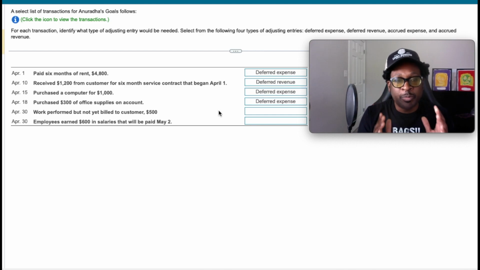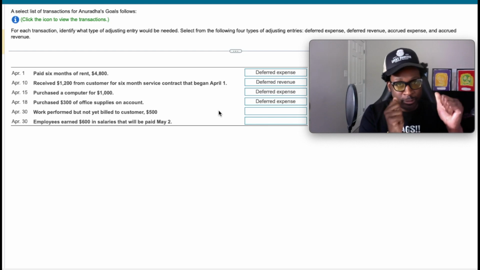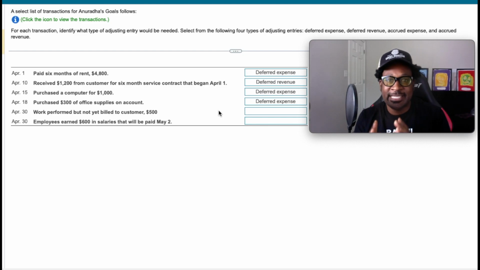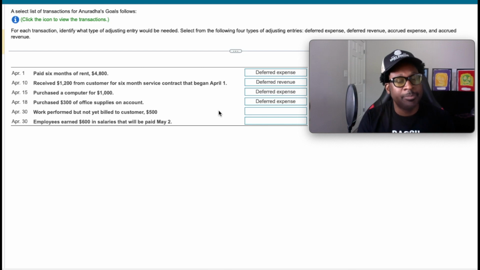Next, work performed but not yet billed to the customer. Keywords: work performed, not yet billed. So in this example, we provided the service, however, we didn't receive the cash. Now based on the previous explanation of what an accrued revenue is, this fits the bill, gang.